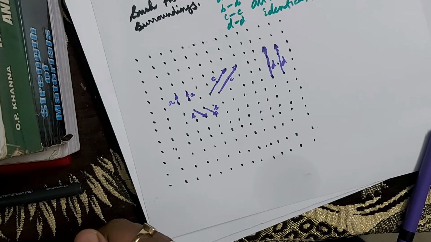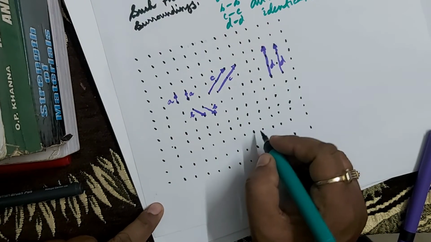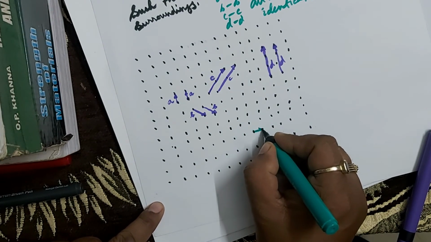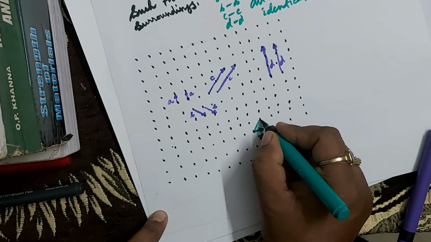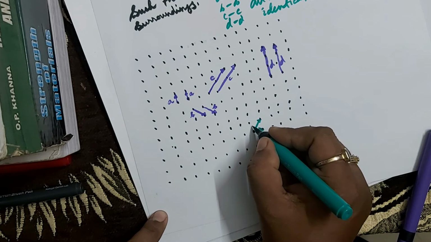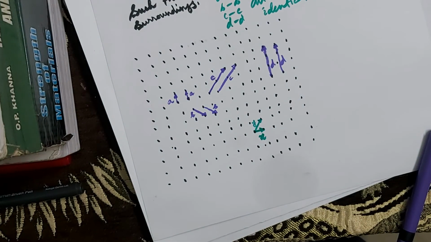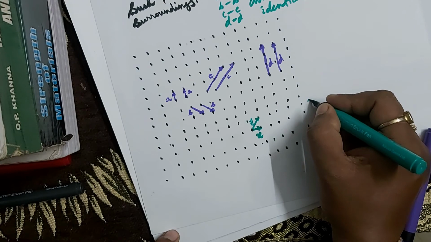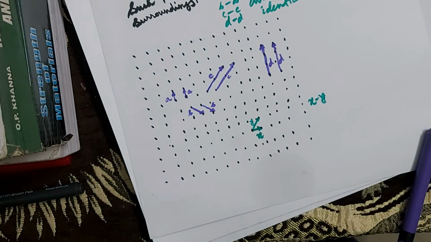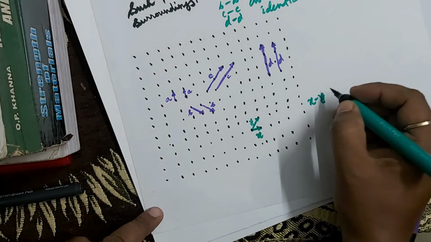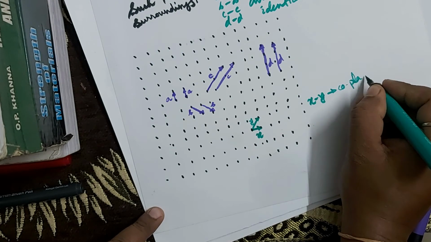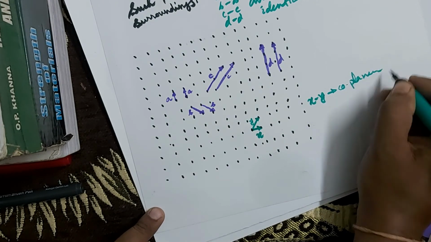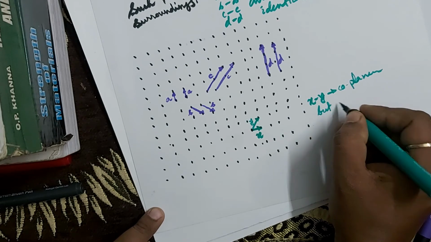Now, if I take this as X and this one as Y, this XY is coplanar, but non-collinear.